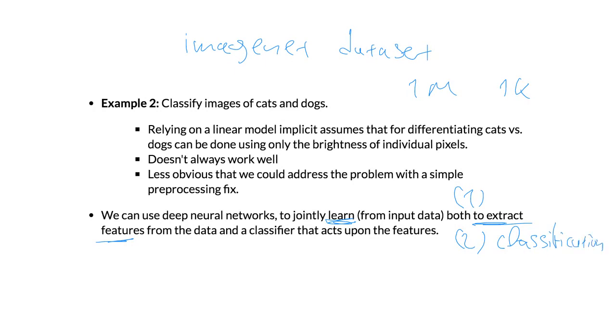Okay, so how does this work in practice? It works as follows. We're going to use exactly the same method for classification as we used last lecture. So the very last layer in a neural network is a softmax regression layer. Okay.